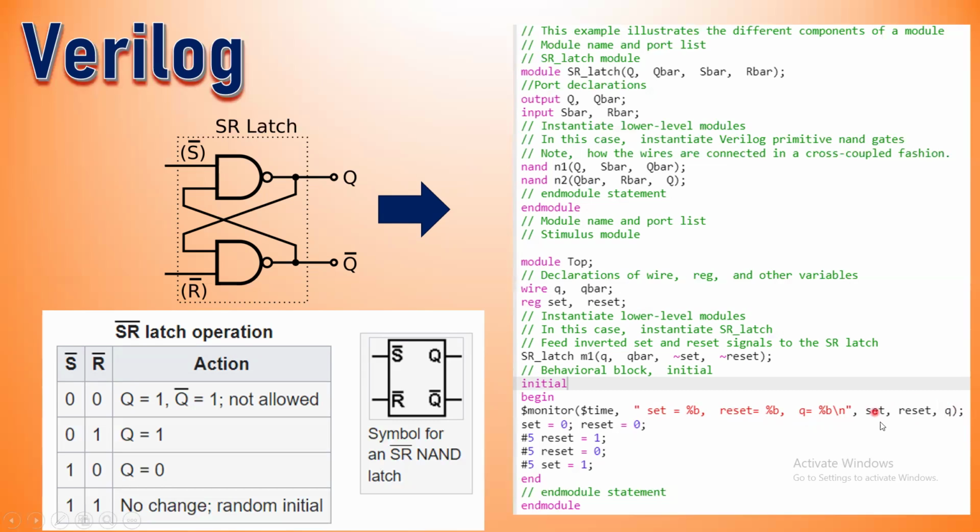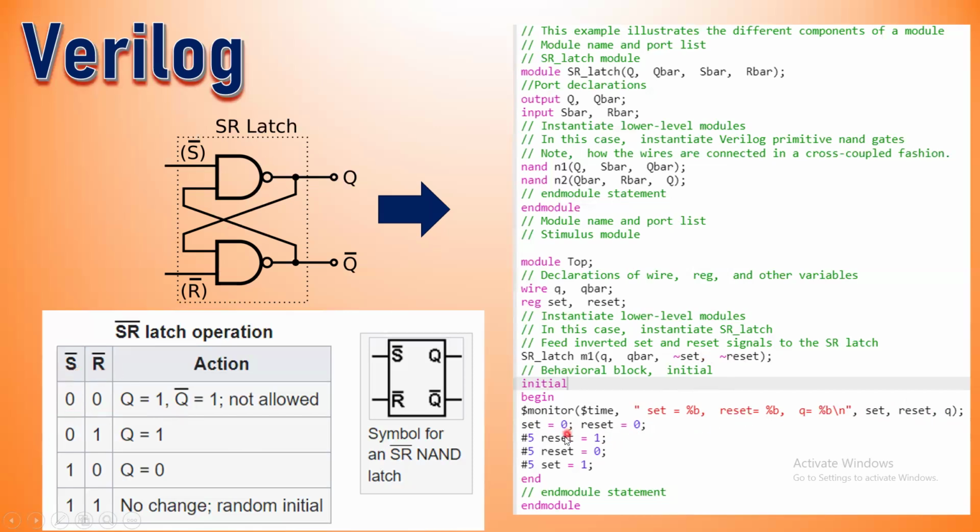So we are basically monitoring these three logic levels at these three ports: set, reset, and q. Inside, I am first writing set equal to 0, reset equal to 0. Remember, when I have set equal to 0 and reset equal to 0, the stimulus are going to be inverted before feeding it to the latch, just like it is shown in the truth table.